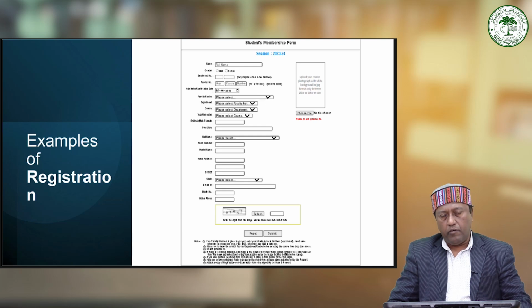Along with this pro forma, your photograph is also there, your Aadhaar or your residence proof or your voter card, anything can be there, and then you can be a bona fide member of any library, whether it is an academic library. If it is an academic library, you have to get your signatures from the head of the department or the principal of the college or principal of the school, whatsoever it may be. And if it is a public library, then definitely you need a class 1 officer.